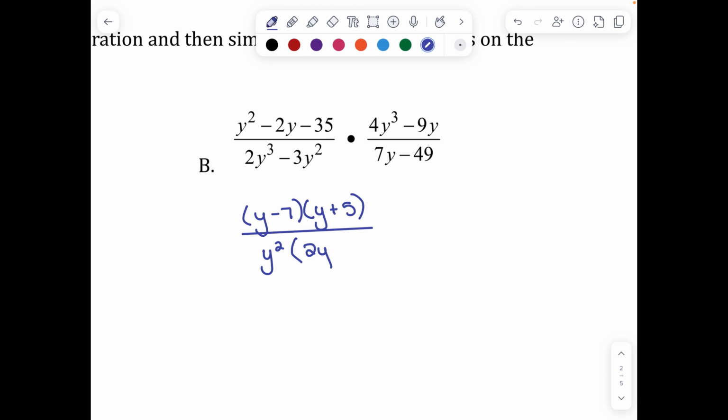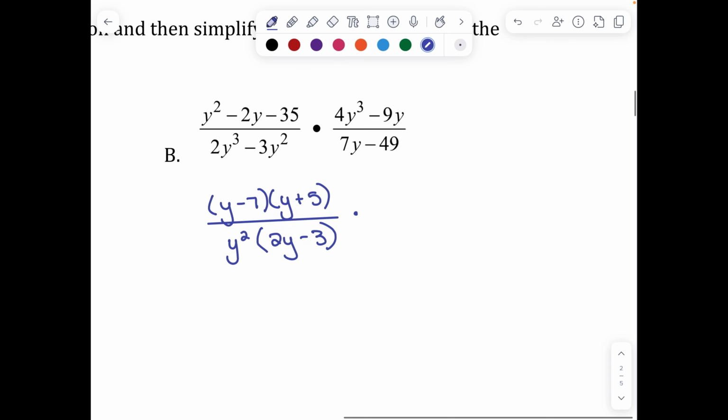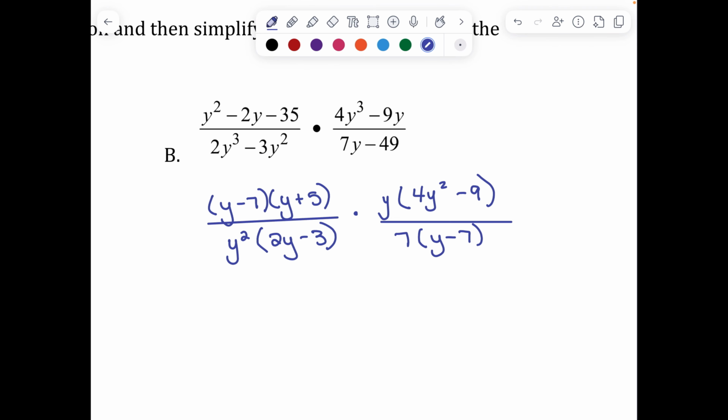We're left with 2y minus 3 times, I have a y that I can factor out here. I'm left with 4y squared minus 9 over 7 times y minus 7. We can factor out that 7.